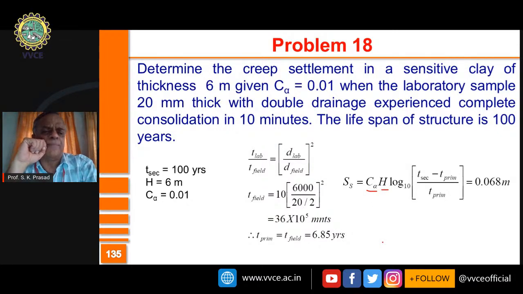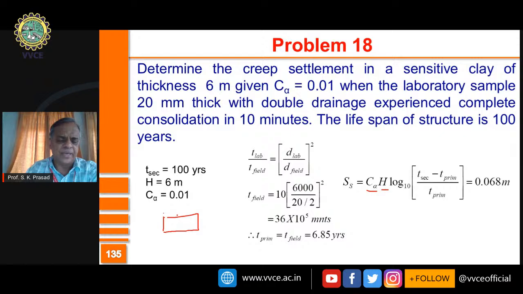When the laboratory sample, 20 millimeter thick with double drainage, experiences complete consolidation in 10 minutes. So you have a laboratory specimen which experiences double drainage. That means you have a porous stone at top and a porous stone at bottom.